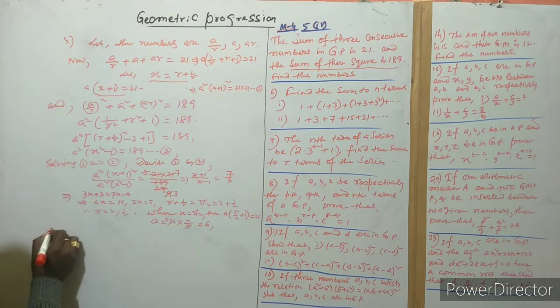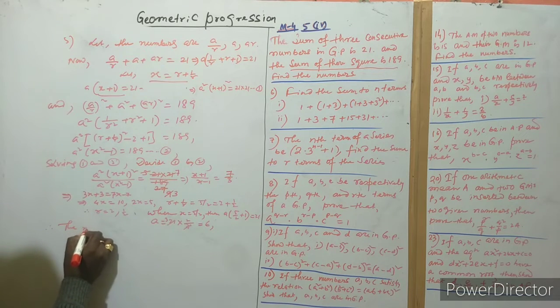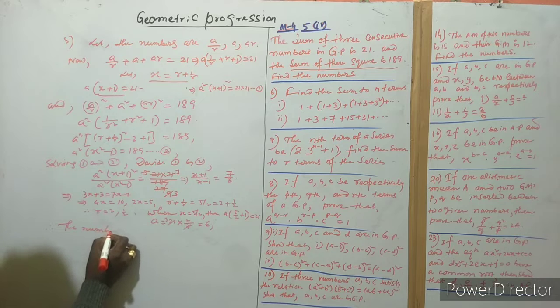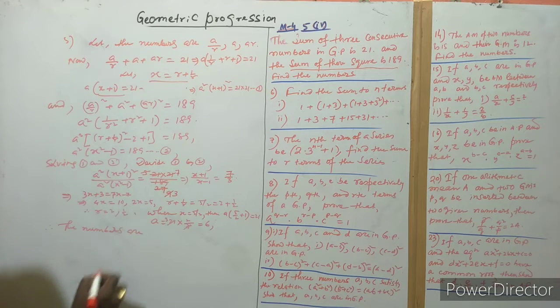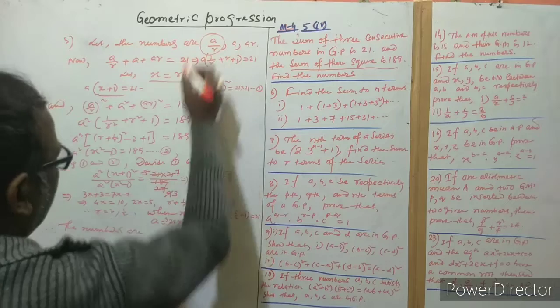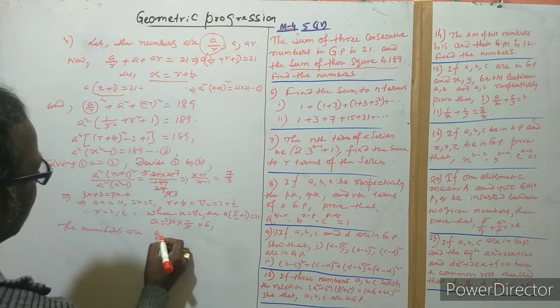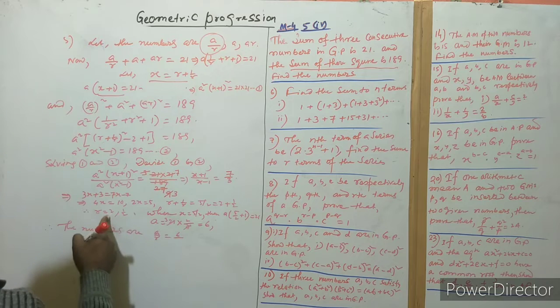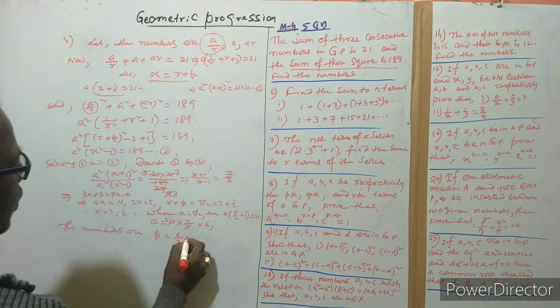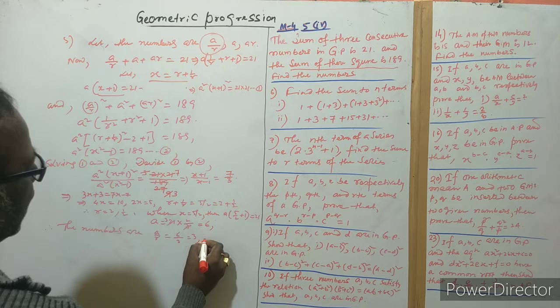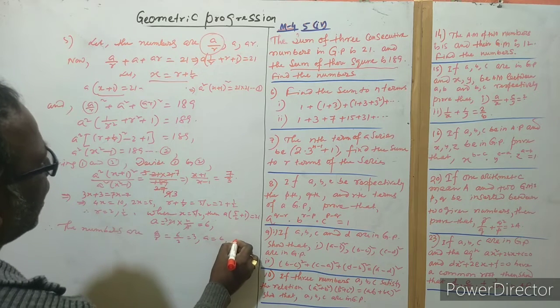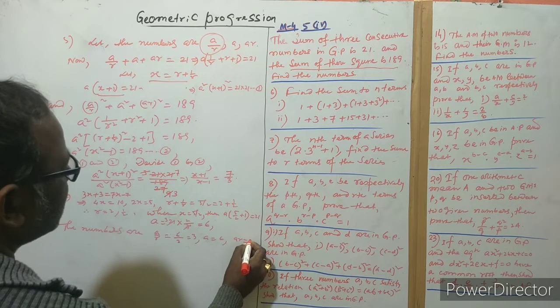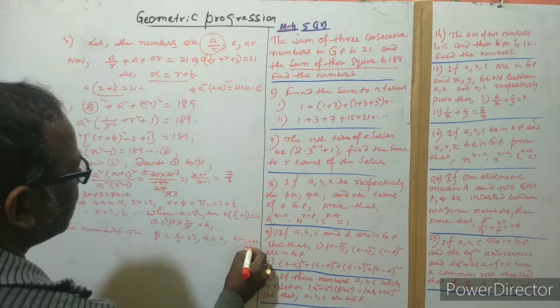Therefore the numbers are a by r, that is 6 by 2, which is 3, then a is equal to 6, and ar is 6 times 2, which is 12.